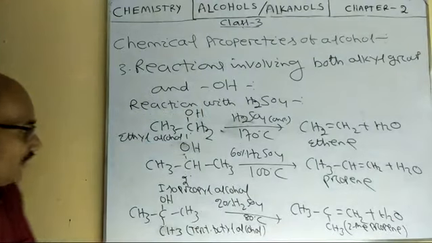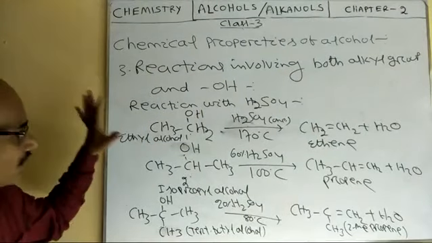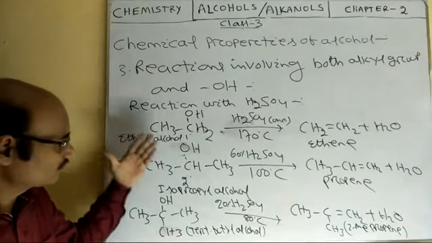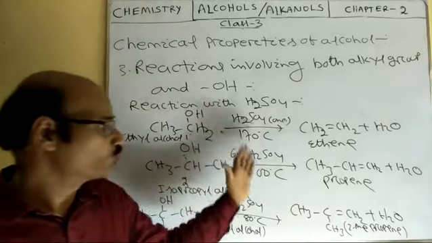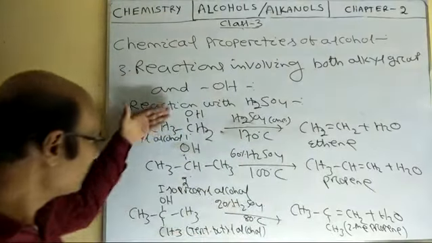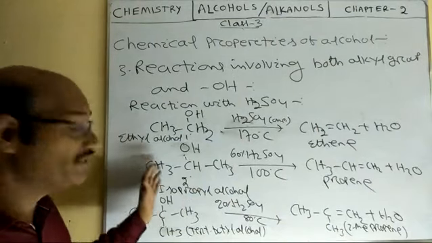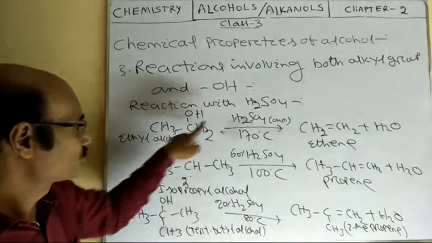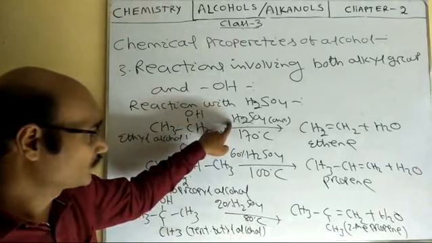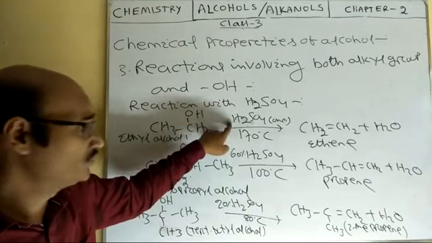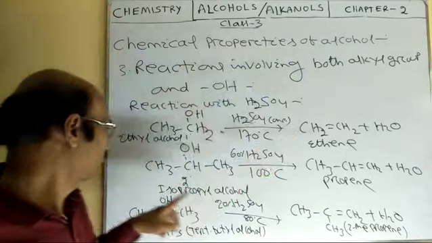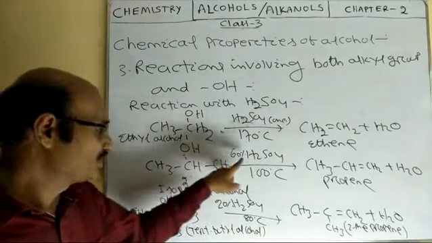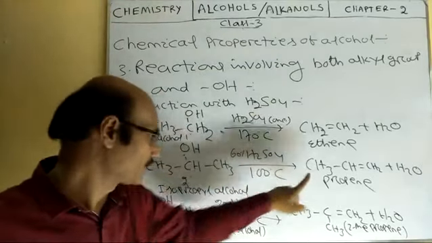So these are examples of how alcohols react with sulfuric acid to give alkene. Different alcohols react under different conditions. Primary alcohol, concentrated sulfuric acid, 170, alkene. Secondary alcohol, 60%, 100, alkene.